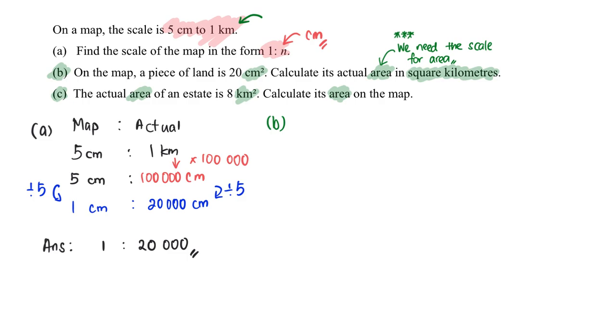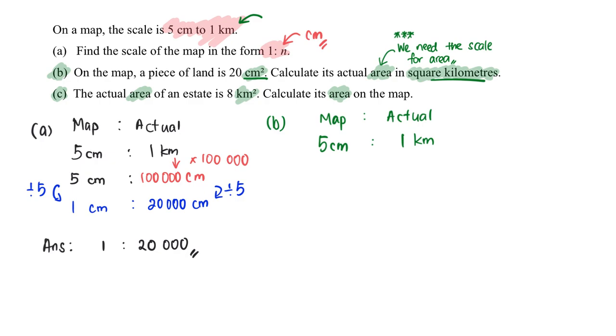Okay, so the units are good already. So I will still again start with the scale that they give in terms of 5 cm is to 1 kilometer. Cm, kilometer square.